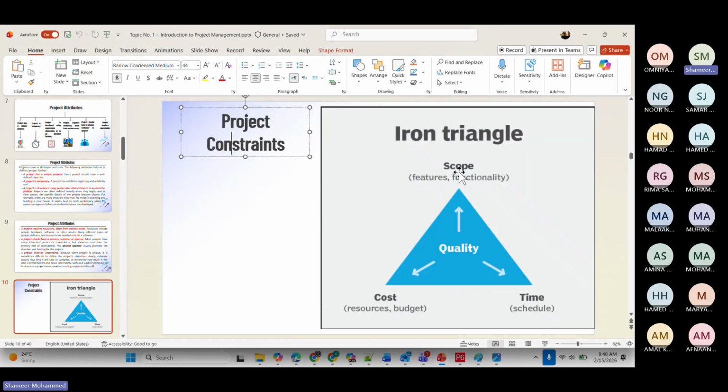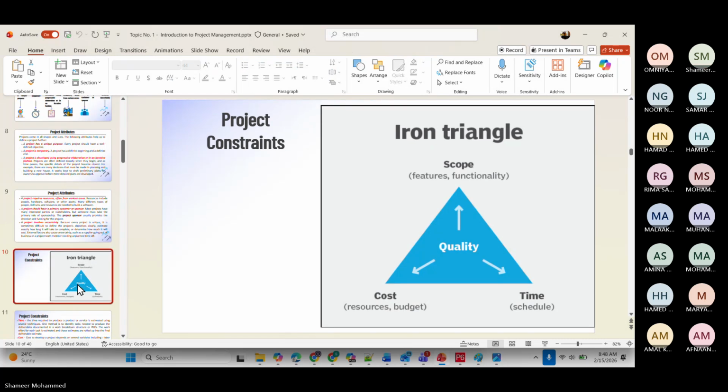So scope, time, cost. Three things are there. These are called constraints. Now let us explain what is this time, what is this cost, and what is this scope.